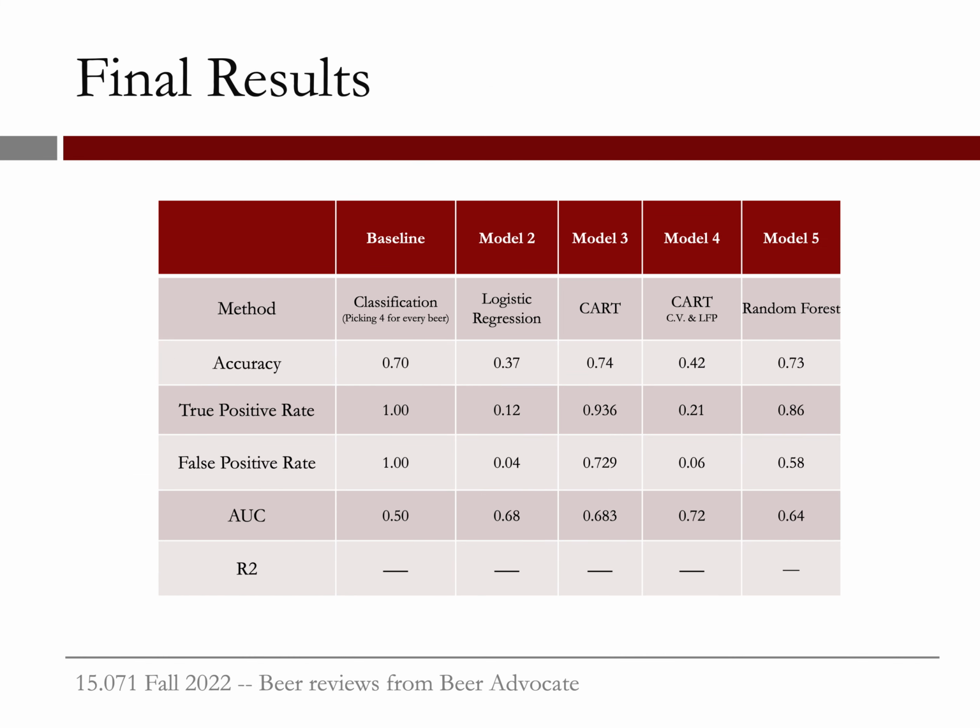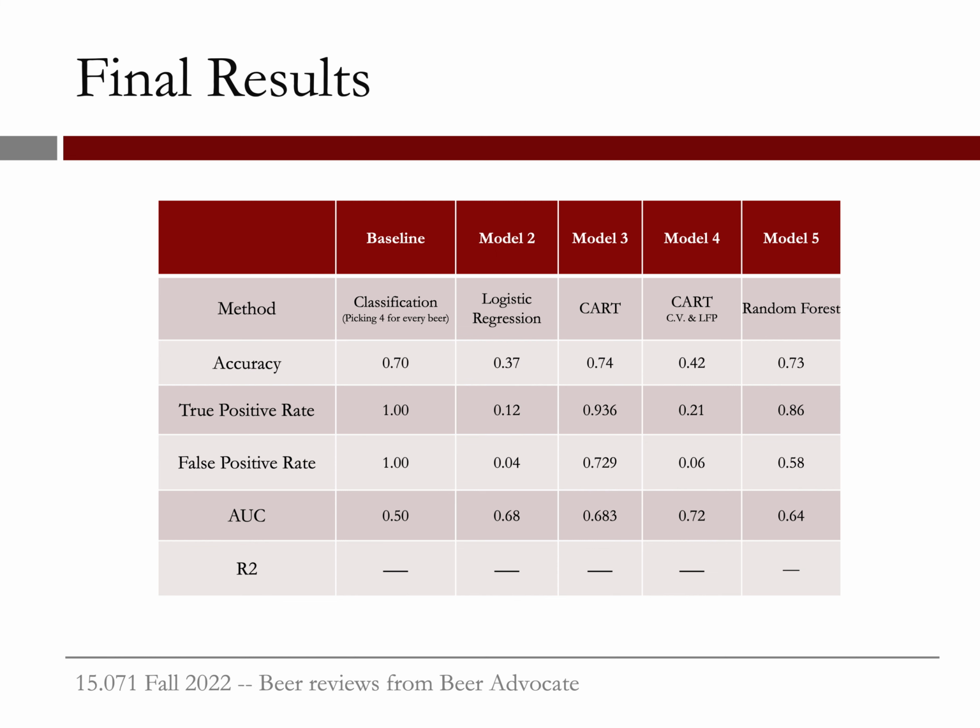Before I get too far into the final results, we did also run a random forest model. We had a lot of issues with the random forest, especially when trying to run it with cross-validation. It was taking all night to run, and we were getting a lot of errors, and so we really didn't have the time to fully troubleshoot it and figure out what was going on.